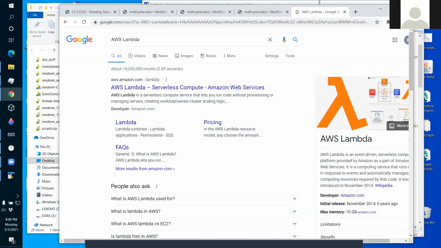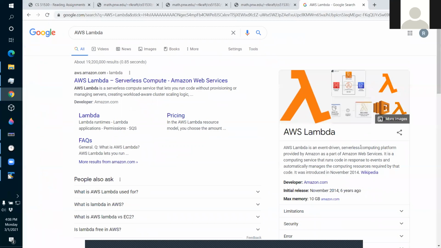It's a real modern style of programming. It's called a serverless computing platform. The symbol is lambda, and it's loosely based on the idea of a lambda expression.